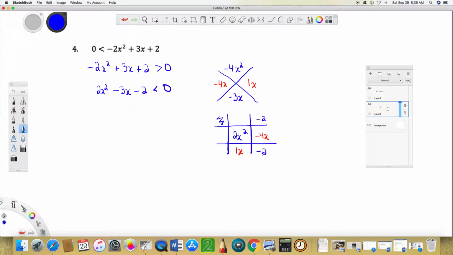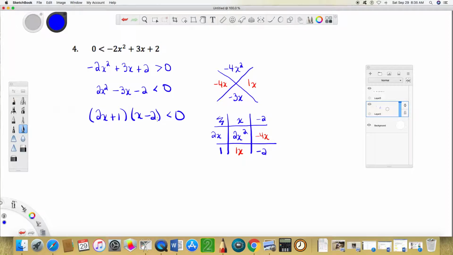I see that -2 is a common factor between these two terms, and that these two terms are prime, so it's just 1. Here I see that they're both even and both have an x, and these both have an x. So I've got 2x plus 1 and x minus 2 as my factors.